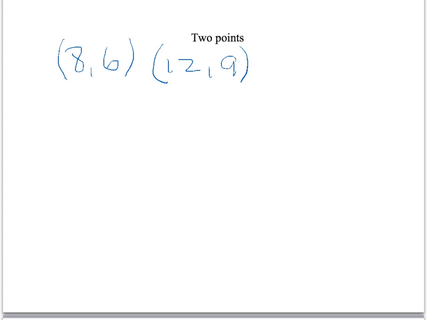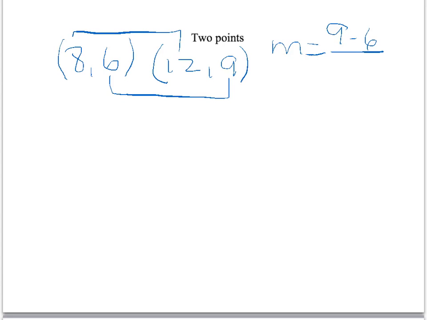Now, I could graph this if I want to, but I don't need to because with all the information that I have, I can use all the skills that I have already learned to find both the slope and the y-intercept. So the slope is the rise over the run, so it'll be 9 minus 6 over 12 minus 8. 9 minus 6 is 3. 12 minus 8 is 4.